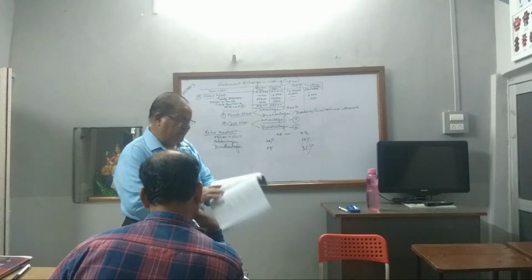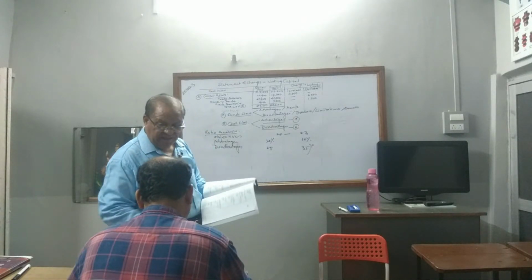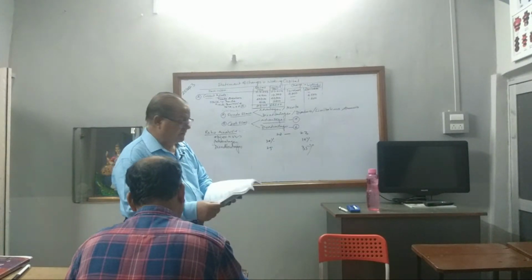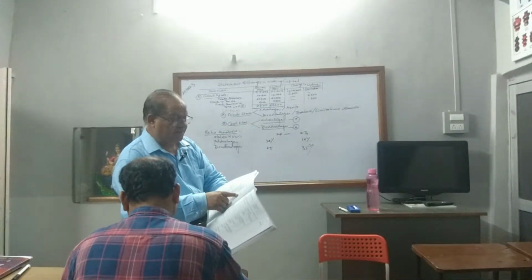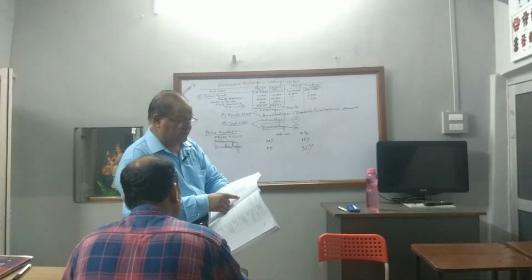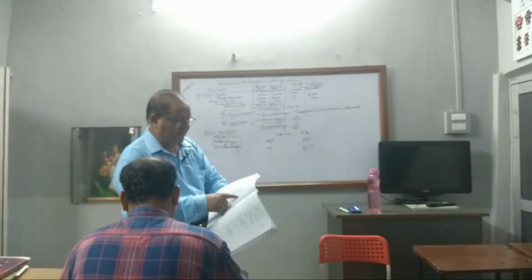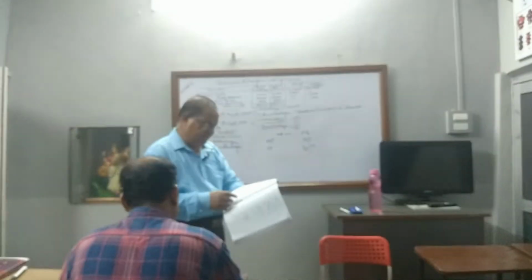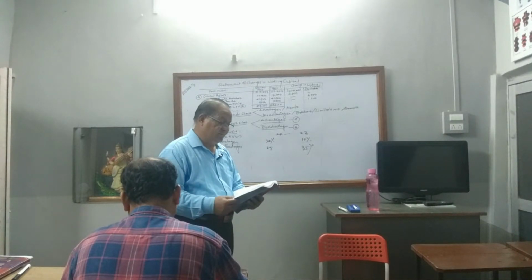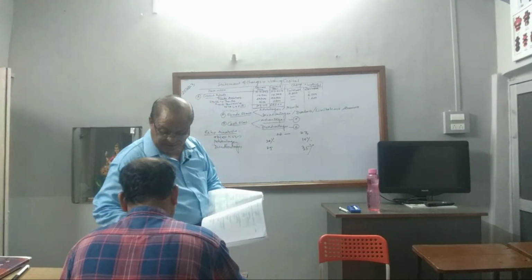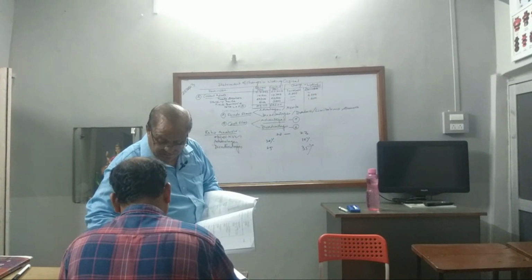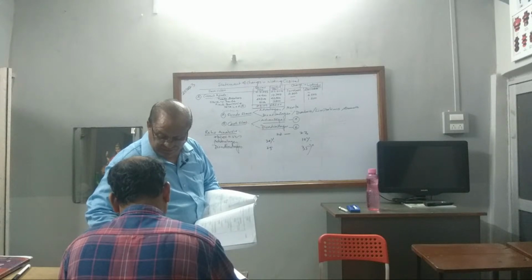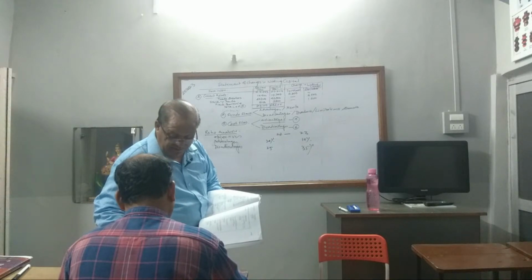Then current assets to fixed assets. Current assets total you already got here, 10 lakh. Then the fixed assets total, just see. Goodwill, 5 lakh. Plant and machinery, 6 lakh. Land and building, 7 lakh. Furniture, 1 lakh. Total, 19 lakh.